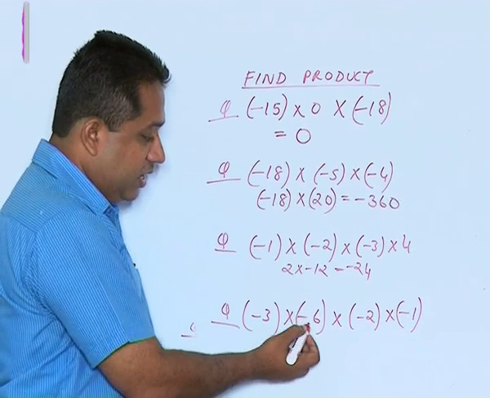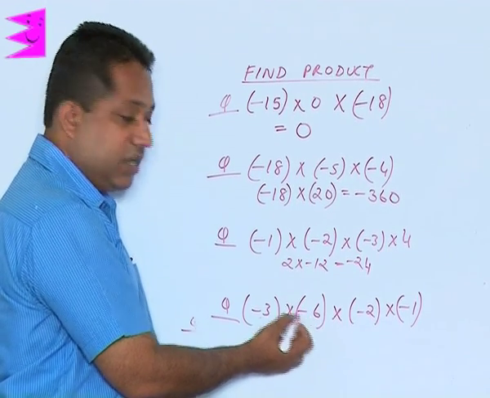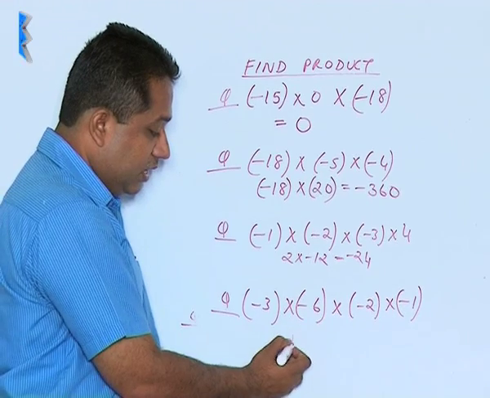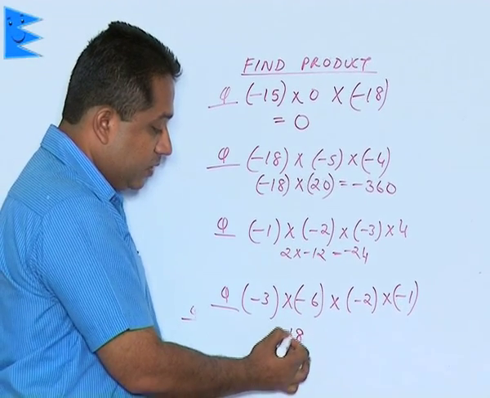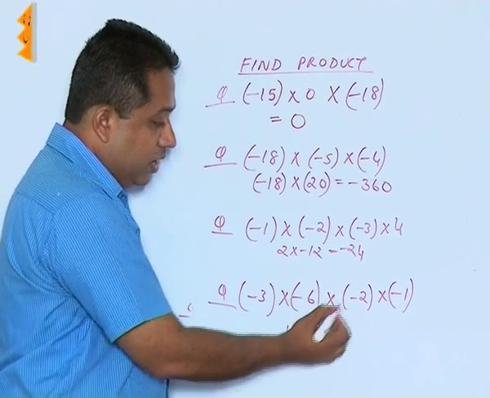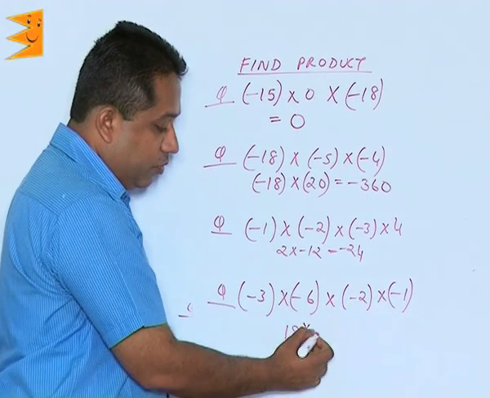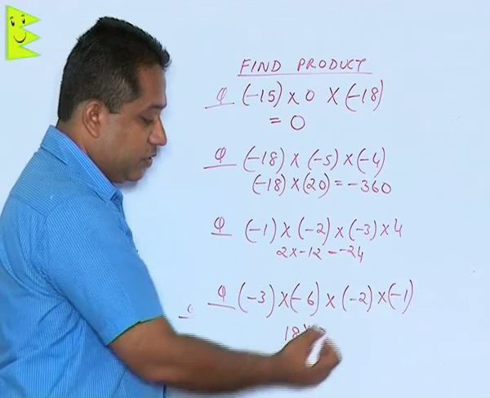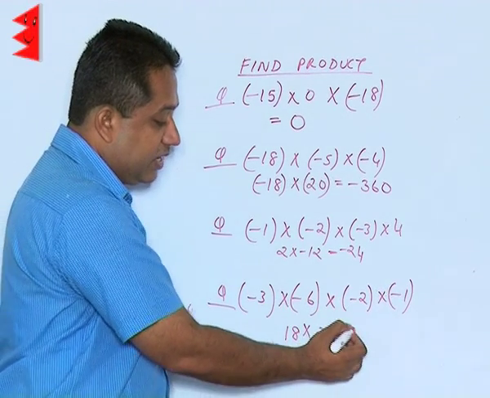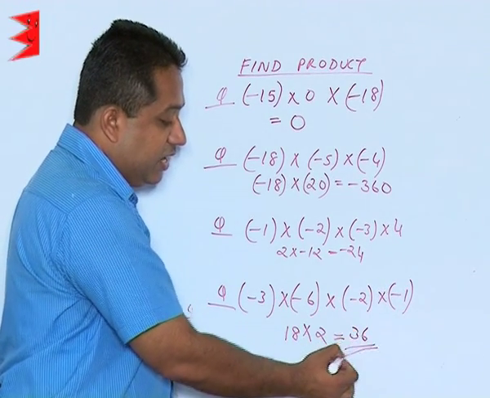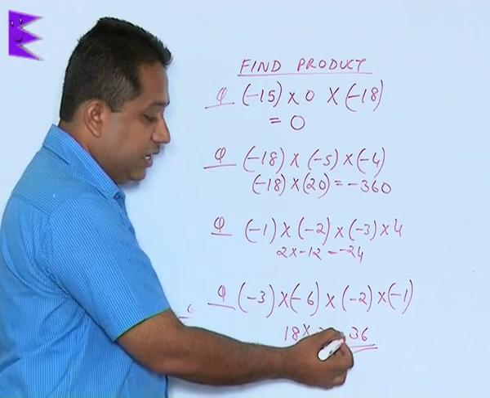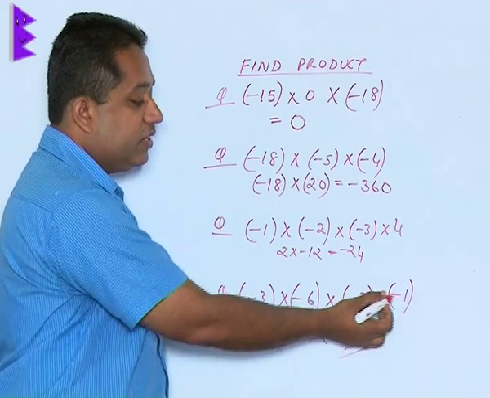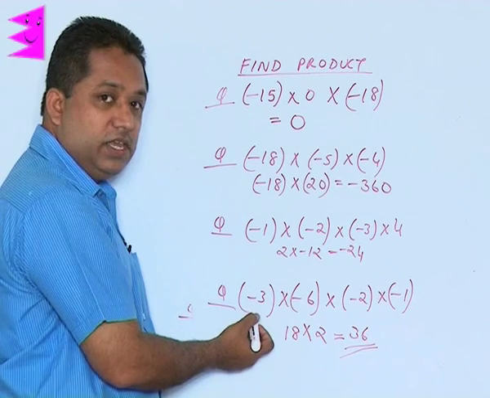So, minus 3 into minus 6, when I multiply these two, I am going to get positive 18, into here minus 2 into minus 1, I am going to get positive 2, 2 negatives positive, 2 negatives positive. So, 18 into 2 we get 36. So, we see the final answer is 36 with a positive sign, because there are 4 negatives in the entire question. 4 is an even number.